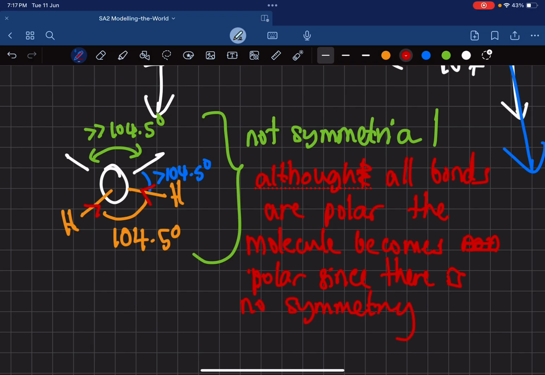Okay, since there is no symmetry, and because there is lone pair, there is no symmetry.